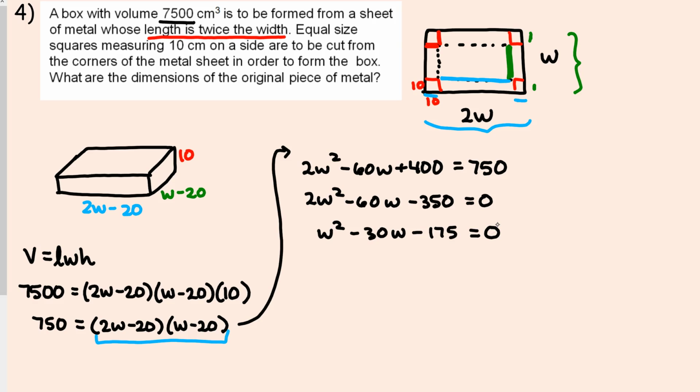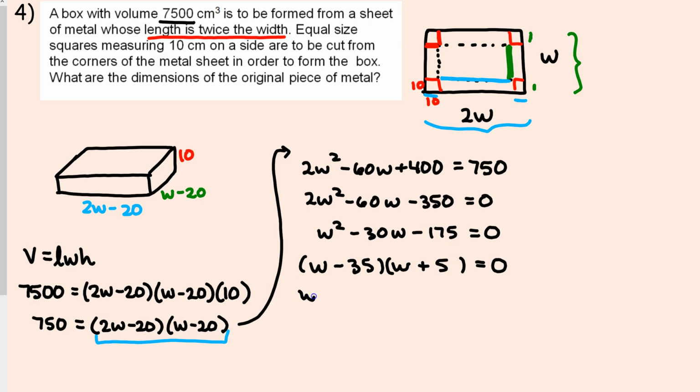Now, I'm really hoping that this equation is factorable, and so let's try a few things. Let's see if we can find two numbers that multiply to give us 175 and have a difference of 30. Okay, it turns out that 35 times 5 is 175, so we have w minus 35 times w plus 5.